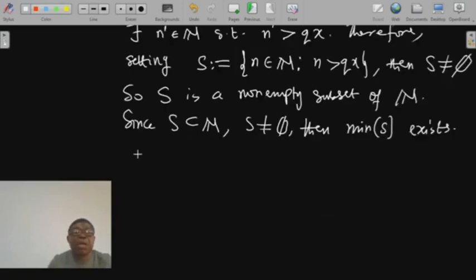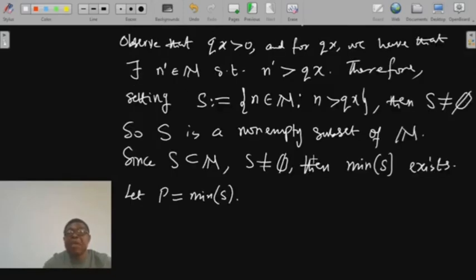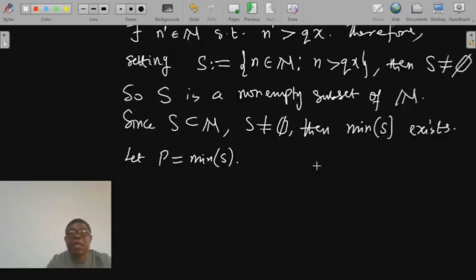Now, let p be equal to the minimum of S. Then, we shall see that if p is the minimum of S, then p minus 1 will be less than or equal to qx.